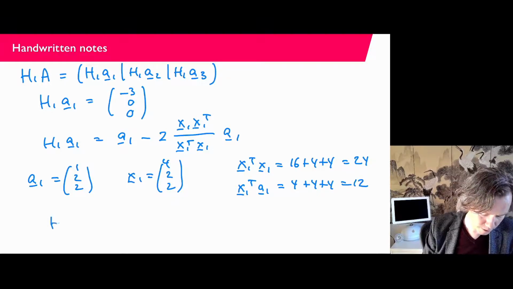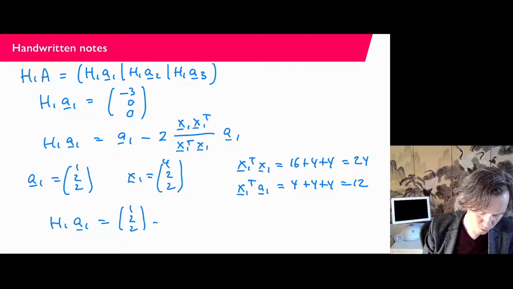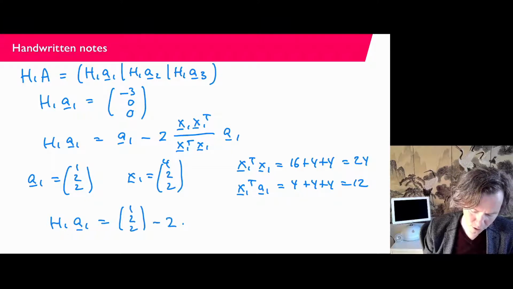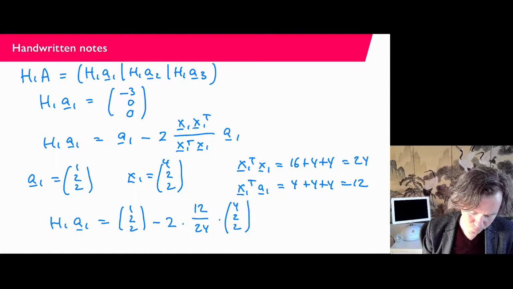So H1 a1 equals 1, 2, 2 minus 2 times 12 over 24 times x1, and x1 is 4, 2, 2.